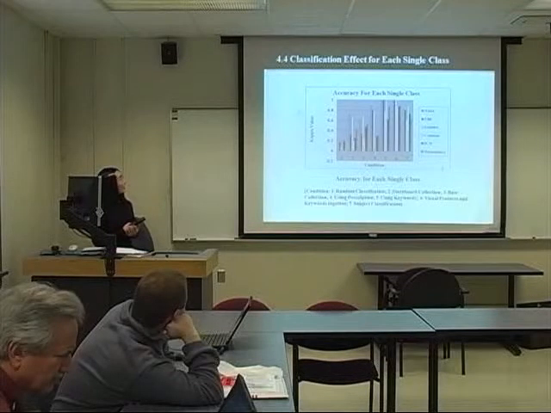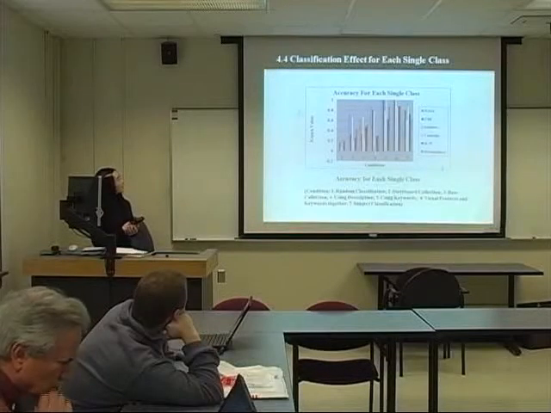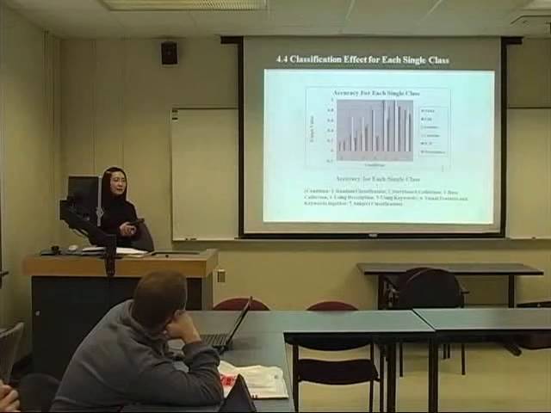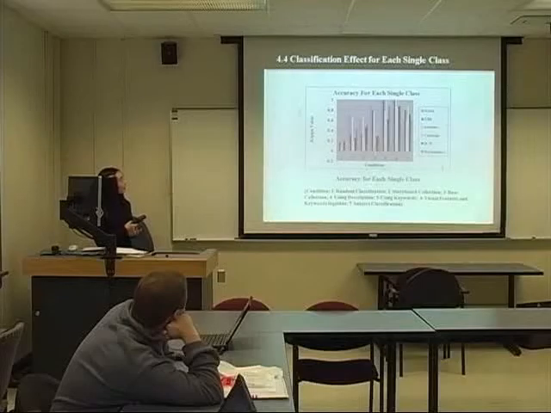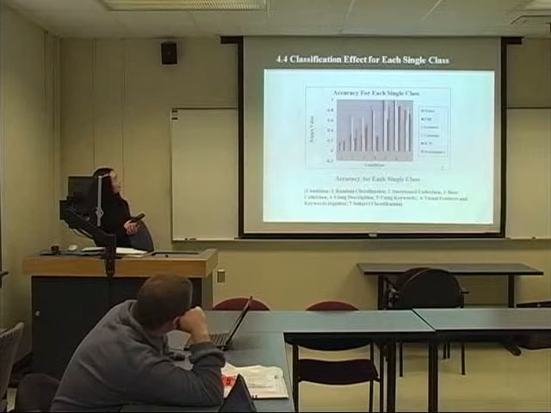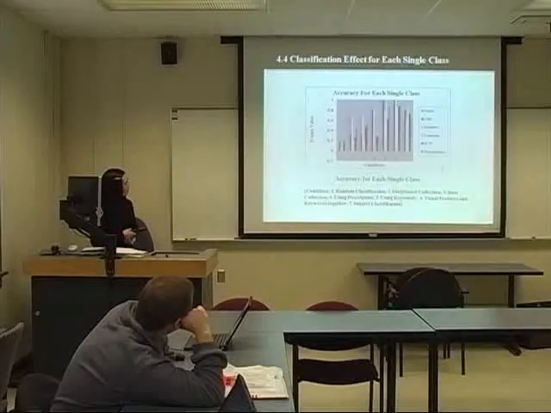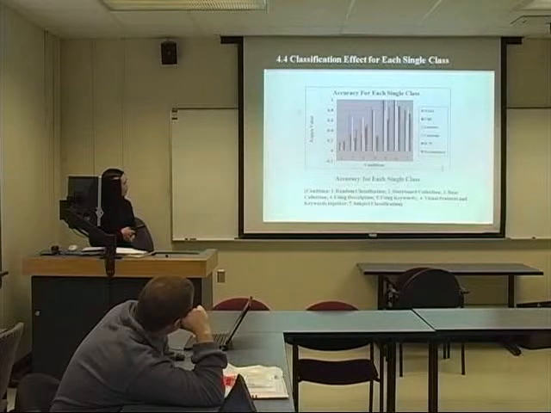In the above, we have talked about the overall classification effects using various methods. Now let's study the classification effect for each single class. From this figure, we can draw some basic conclusions. First, random classification again gets the poorest results.